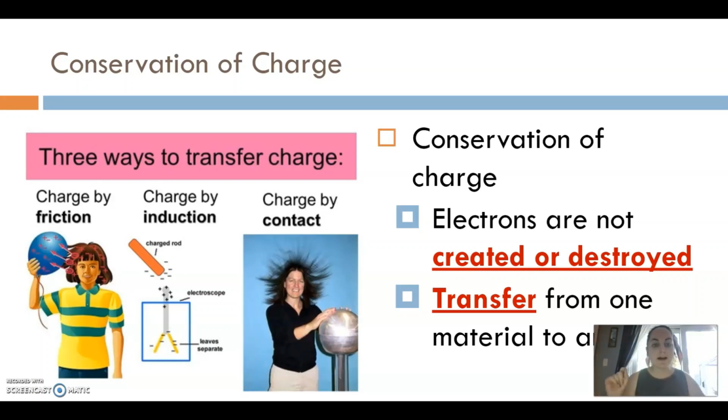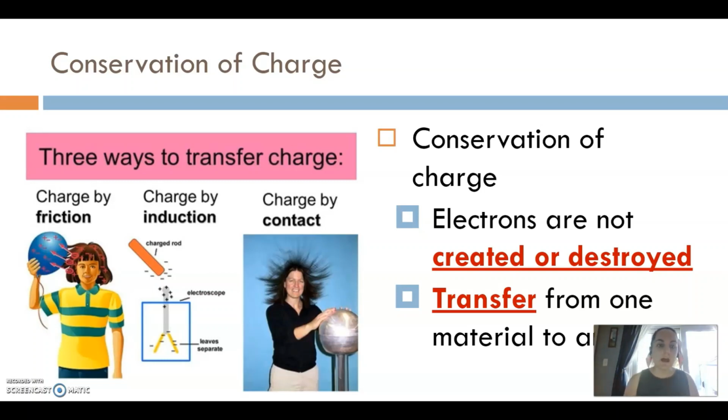Whereas in charging by induction, that charged rod, which is more negative in this picture but can also be more positive, is not going to touch that other object. That other object that is neutrally charged, it's not going to touch it. It's just going to be in the vicinity of that object.